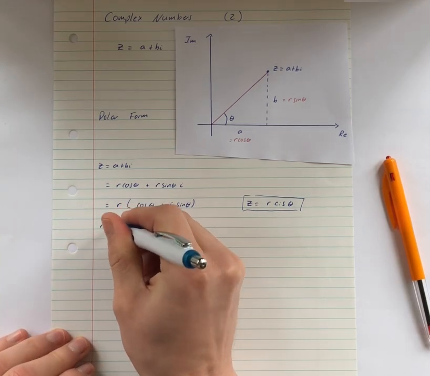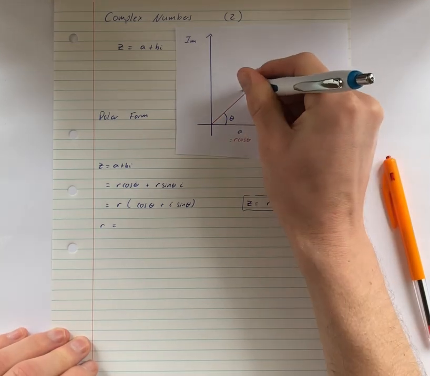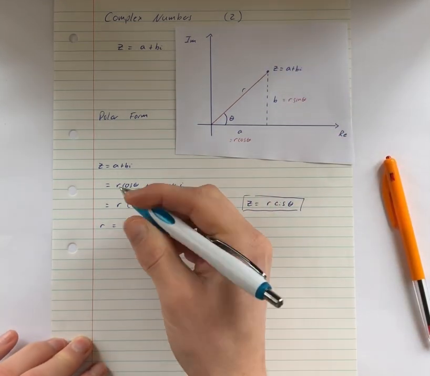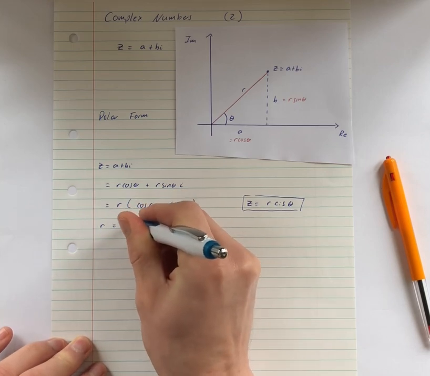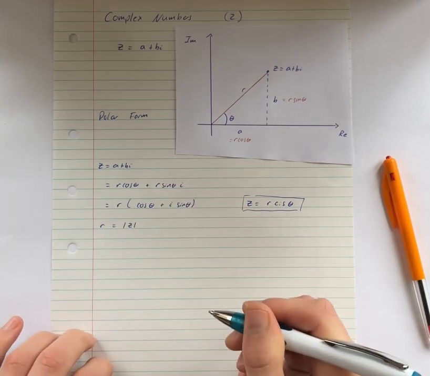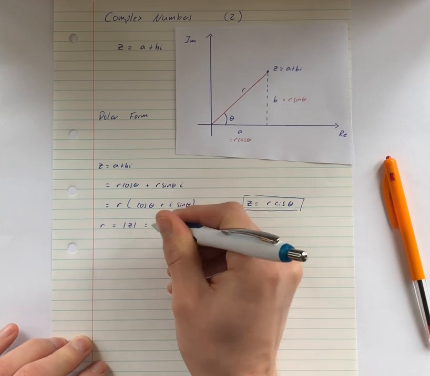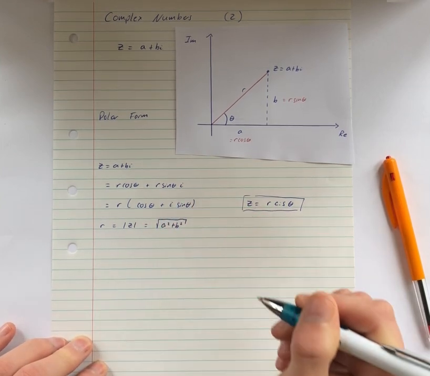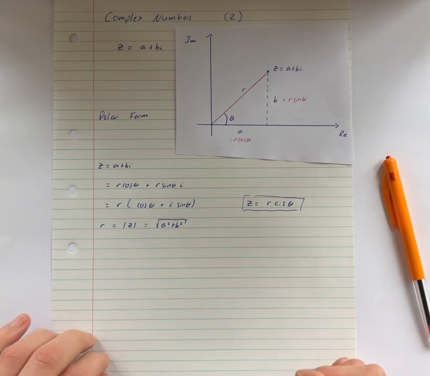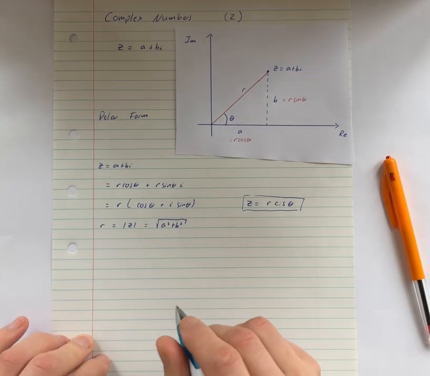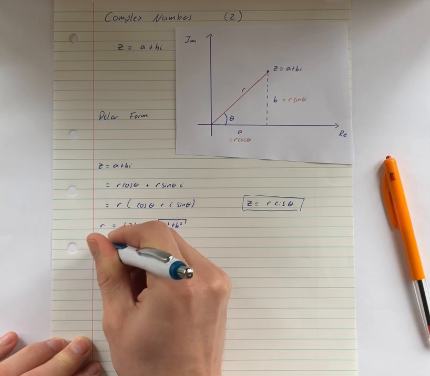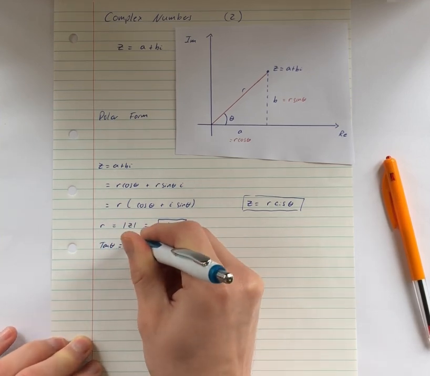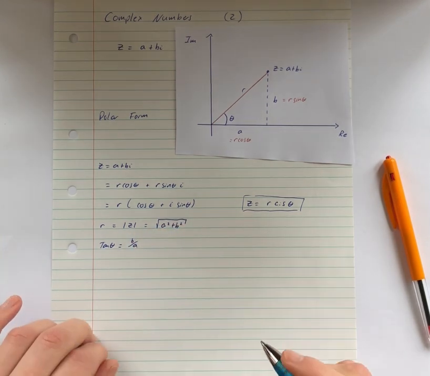So that's basically how you write a complex number in polar form. Now R is given to us by the length of that vector, or the magnitude, or from the previous video, the modulus of z, which is a squared plus b squared all square rooted. And we know that tan theta is equal to b over a.